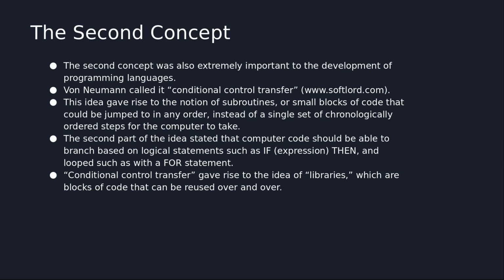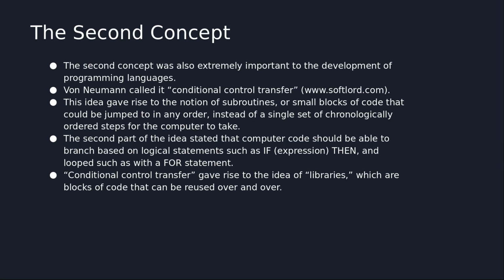The second part of the idea stated that computer code should be able to branch based on logical statements such as if, expression, then, and loop, such as with a for statement.